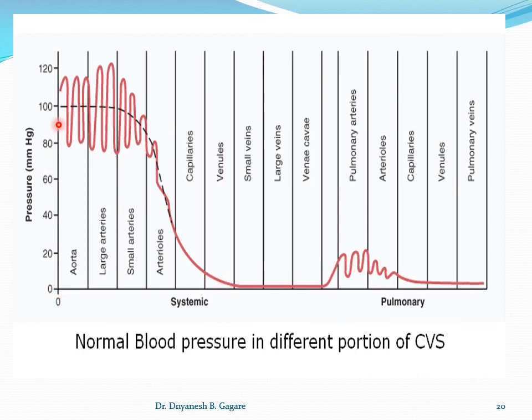In the aorta, the blood pressure is 80 to 120, and the same in the large vessels. Here the blood flow is pulsatile and slowly it becomes steady.